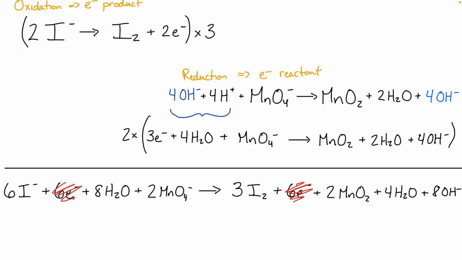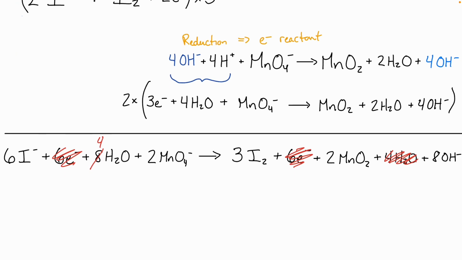I got waters on both sides. I got 8 on the reactant side and 4 on the product side. So I'm going to get rid of these 4 and take this down to just 4 waters over here. Right? We want to simplify when possible. I got waters on both sides, so I can simplify.